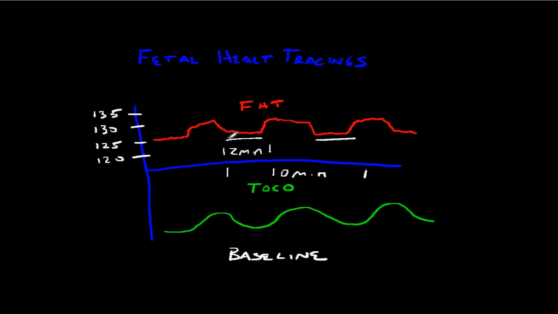So for instance, in our case, the fetal heart tone baseline would be approximately 125 beats per minute. If you don't have this 2-minute window here, you're really going to have to call the baseline indeterminate.